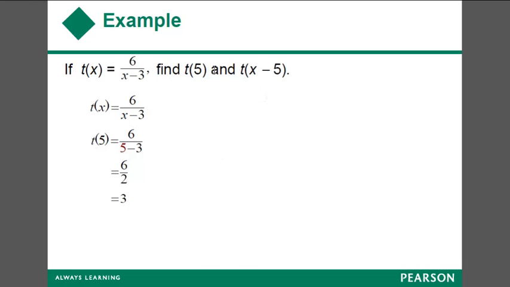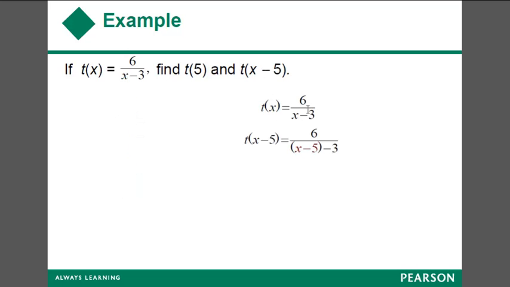Now whenever I want to replace my x with x minus 5, I'm going to replace this entire x with this entire parentheses, which is what I've done here. I've taken the x and put x minus 5 in its place. So now I have 6 divided by the difference of x minus 5 minus 3. I'm going to simplify my negative 5 and my negative 3, which will give me 6 divided by x minus 8.